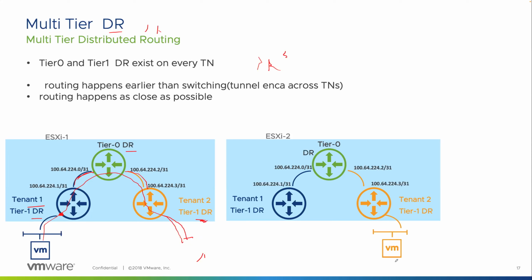The next day, the yellow VM migrates to the ESXi-2 host, so the traffic will change.